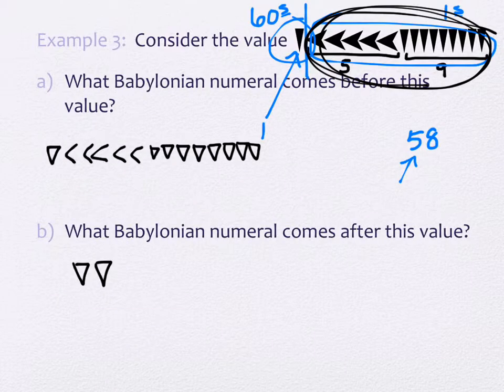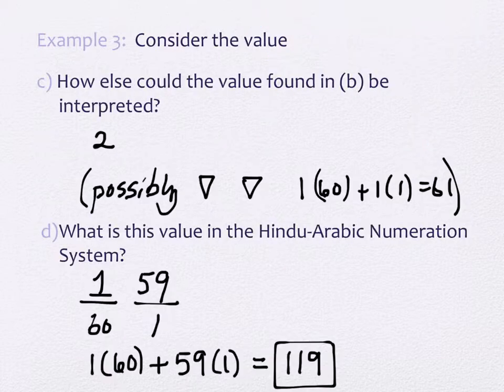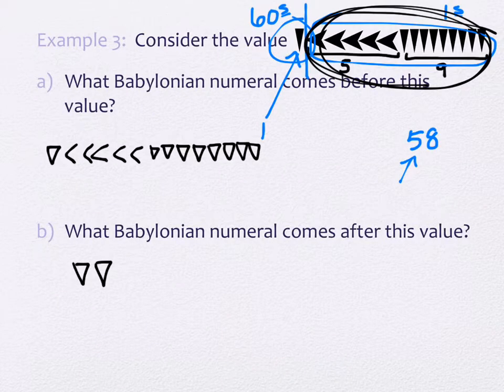The original value, if we were looking at our system, at how much this is worth, our digit is called 119. And then you can actually look back at parts A and B and make sure that that makes sense to you as well. Does this digit right here on part B actually look like what we would call the number 120? Well, it is. I mean, how else would we write it?